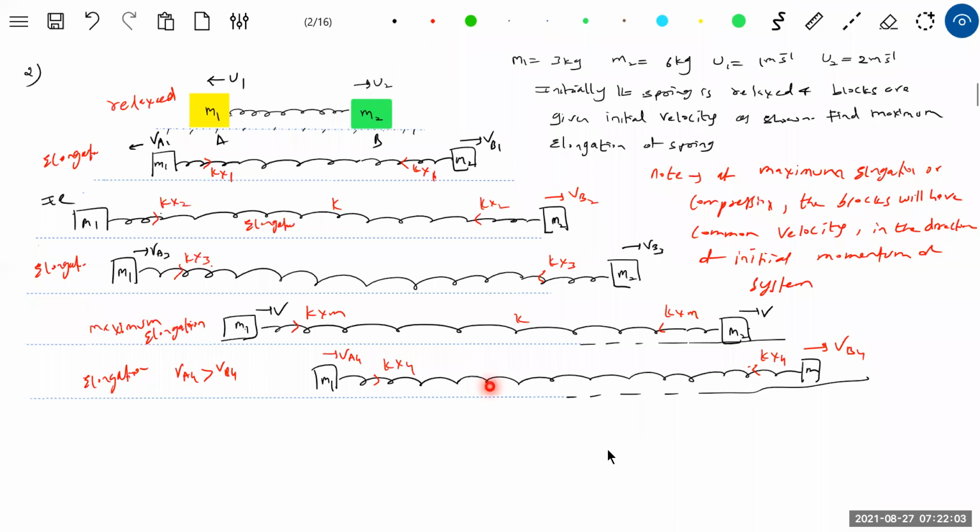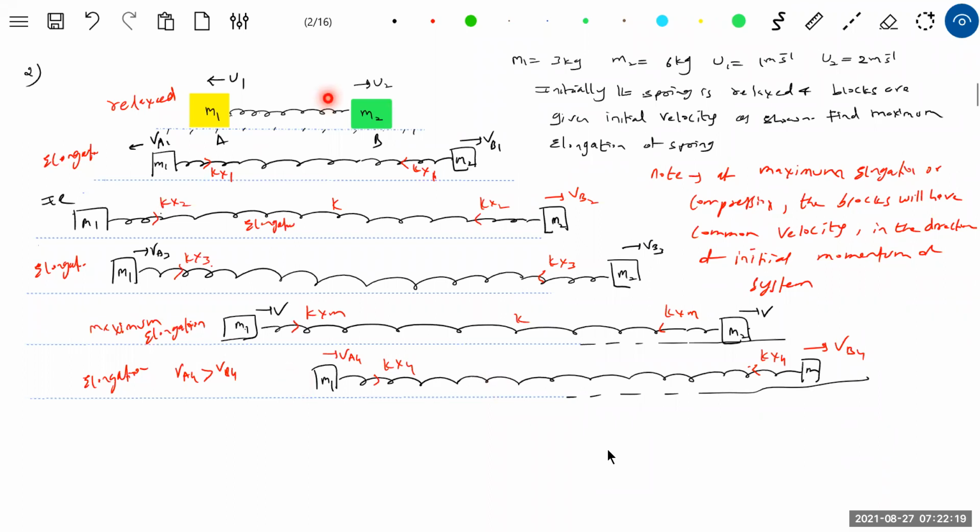After this, at the natural length, compression will begin. So how do you decide that? It all depends on the initial momentum, that's all. So first you have to analyze the diagram like this.